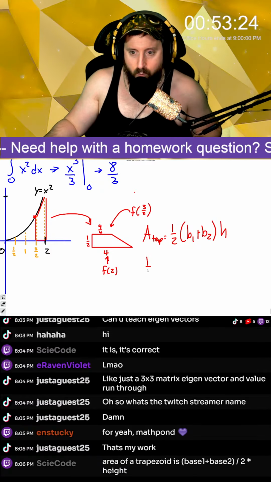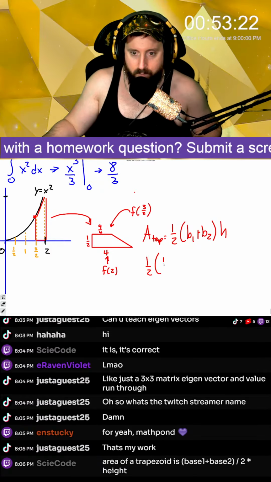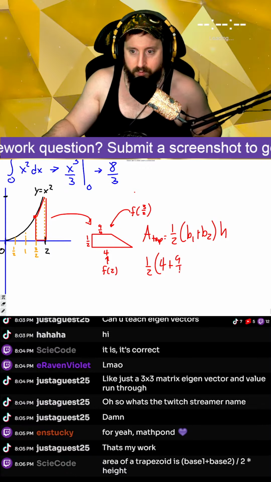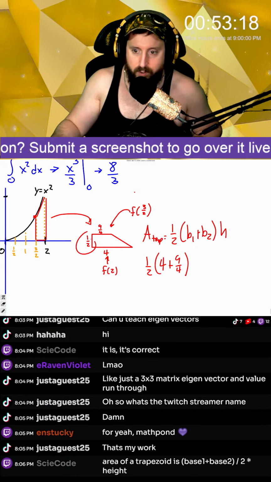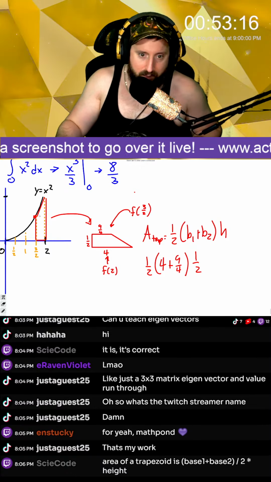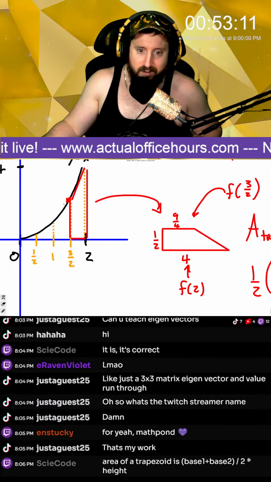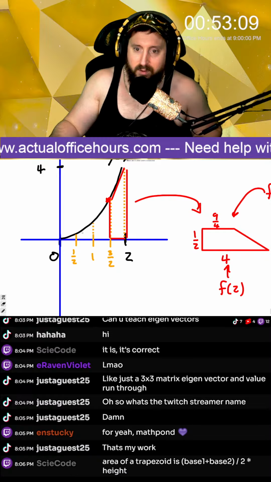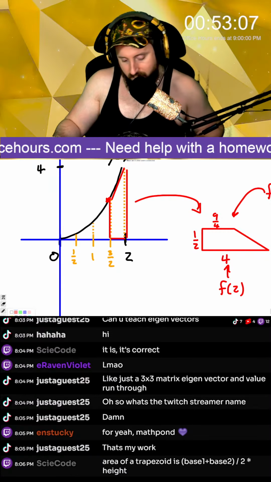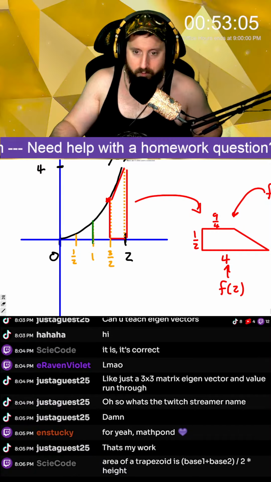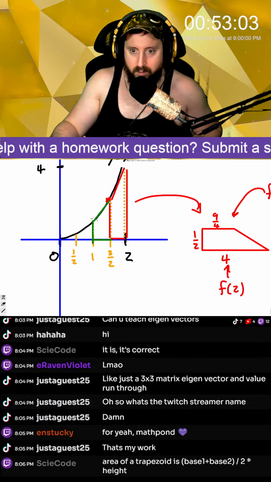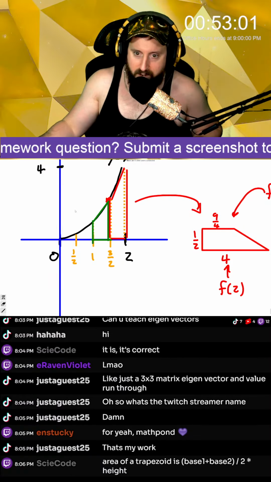So in this case, it's 1/2, and then you would say 4 plus 9/4, and then the height is also 1/2. And that's the first trapezoid. So then you would have another one here. And hopefully you start seeing a pattern, right? So this is the next trapezoid.